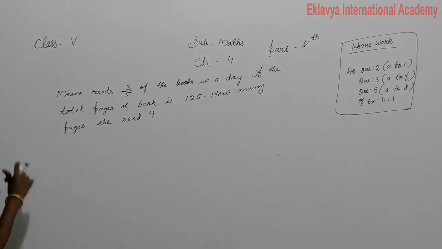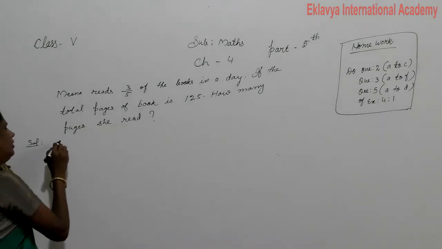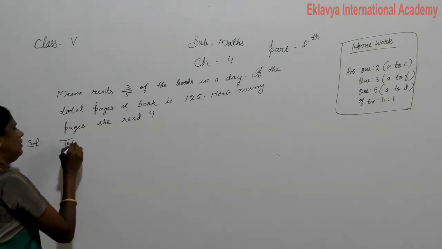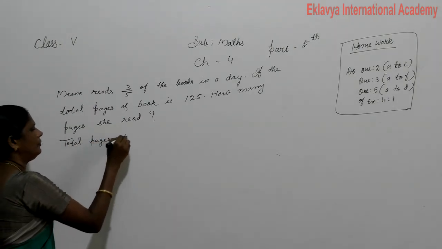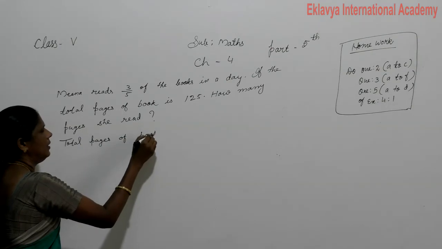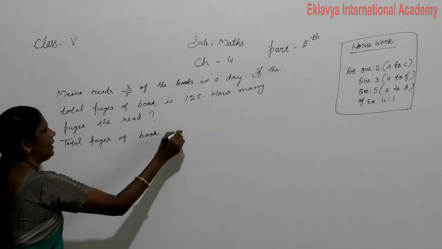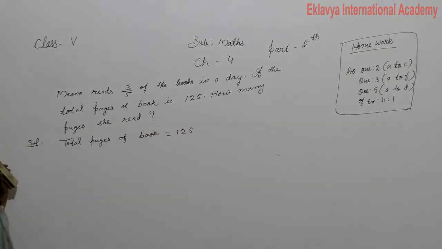First, the solution. Total pages of the book is equal to 125.